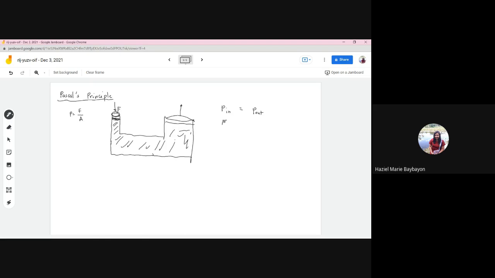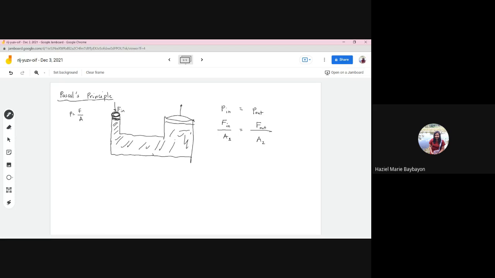Meaning to say, the force in, the input force, divided by the cross-sectional area here, say area 1, is equal to F out, the force that can be output here, divided by A sub 2.